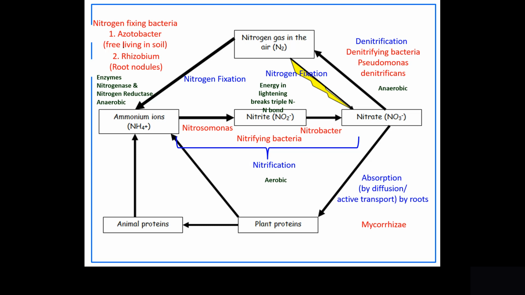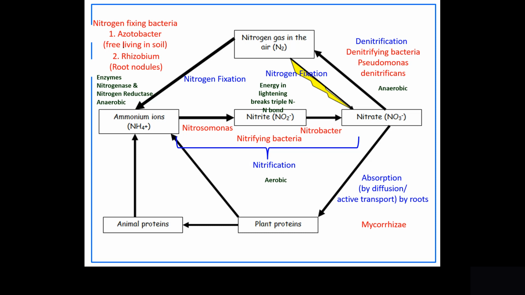What we do want to happen is for these nitrate ions to be absorbed by our plants. They're normally absorbed by diffusion, but once the concentration is low outside compared to inside the roots of the plants, active transport will take over. There's another microorganism here called mycorrhizae, which helps plants to absorb those nitrates more efficiently.